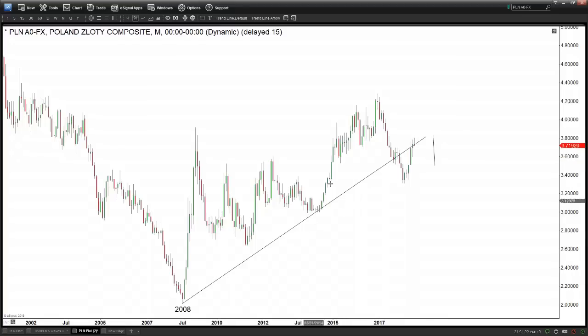So still you can make an argument that the trend line has been broken and now it is trying to retest it. If it fails to close above it, then we could see extension to the downside, right?